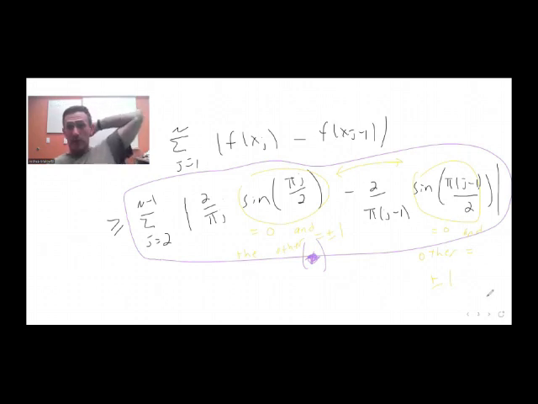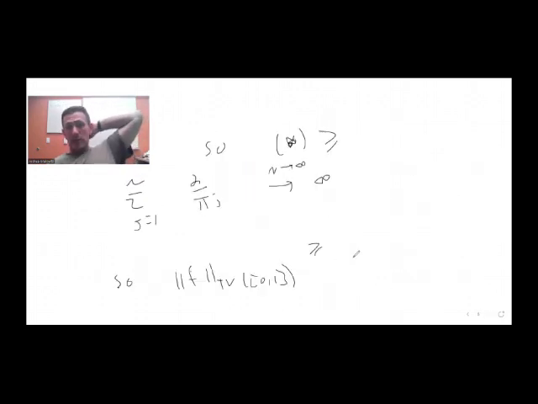This is one of them for each big N, so the sup is bigger or equal to each one of these for each big N. If I remember correctly, this behaves kind of like natural log asymptotically, but certainly from calculus it goes to infinity as n goes to infinity.